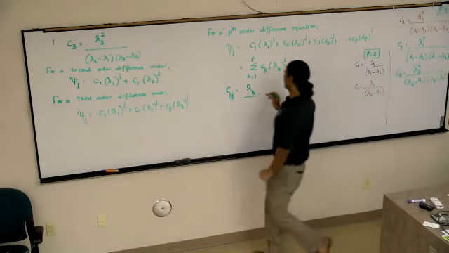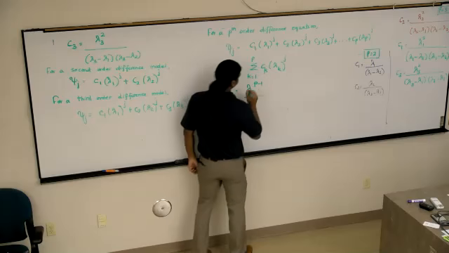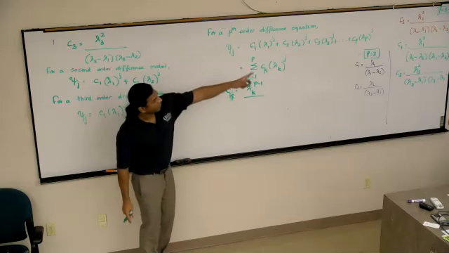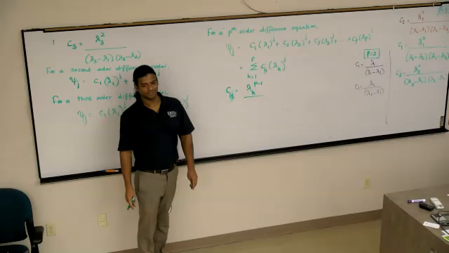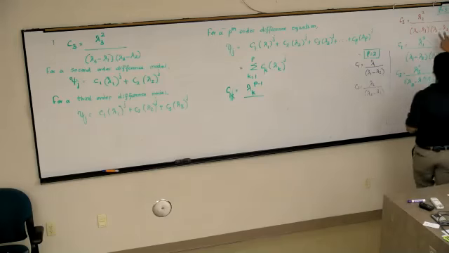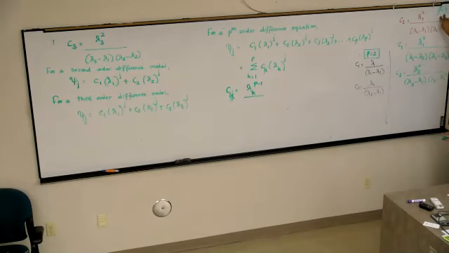So I could write it as P minus 1. That's a third order difference equation, P is 3. So we will have P minus 1, P minus 1, P minus 1.